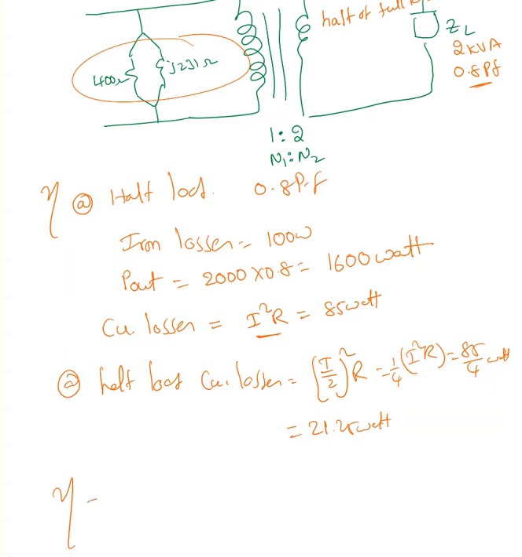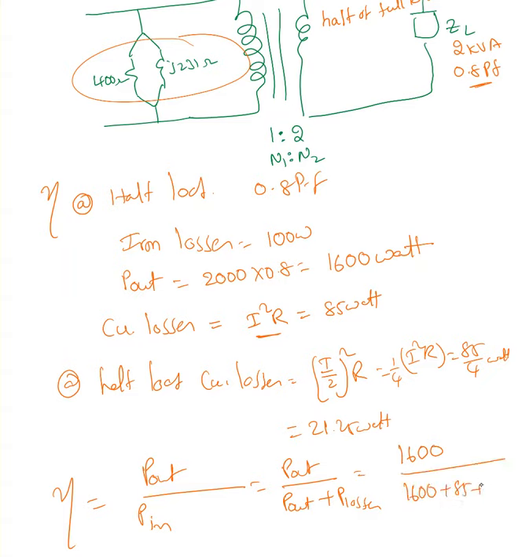So efficiency is P out over P in, which is P out over P out plus P losses. Output power I have 1600 watt, and input power must be 1600 plus 100 plus 21.25. Sorry, this is not 85, this must be 100.